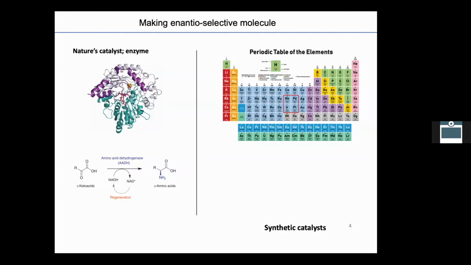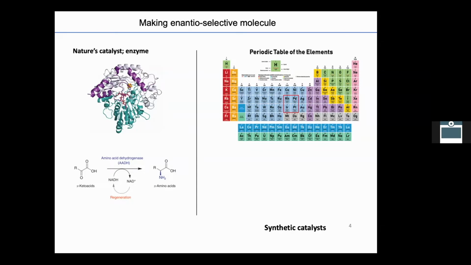For example, alpha-keto acid in our body is transformed to alpha-amino acid, which is a very important molecule for our survival, in the presence of amino acid dehydrogenase. And showing this carbon-nitrogen NH2 bond, it shows that it's only one enantiomer. Now, making enantiomers in the lab is a difficult process, and enzymes are not always useful to do it.